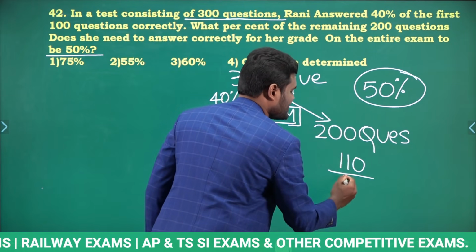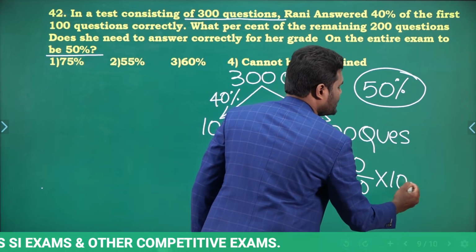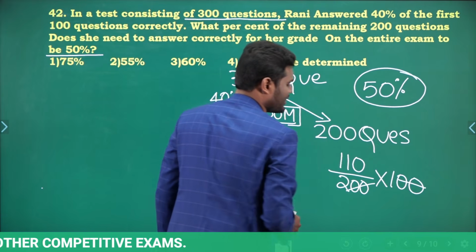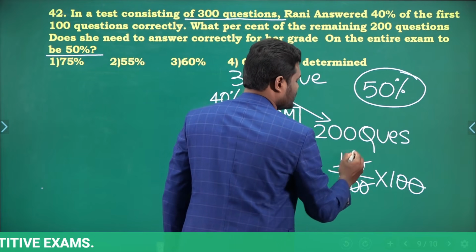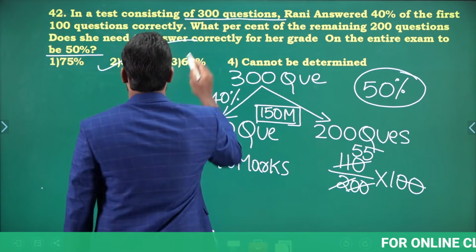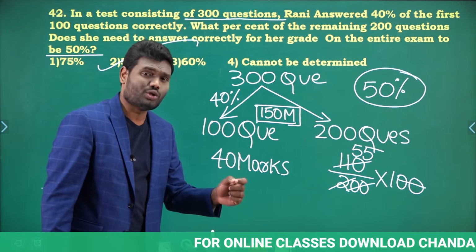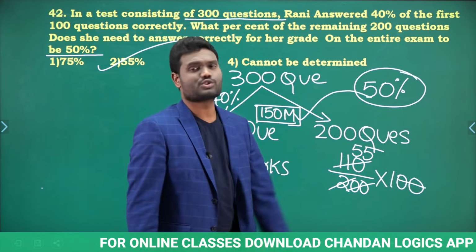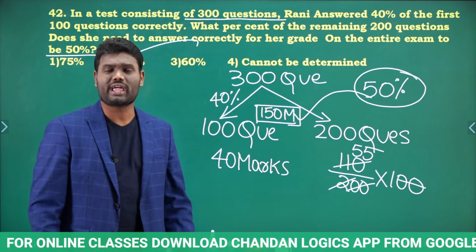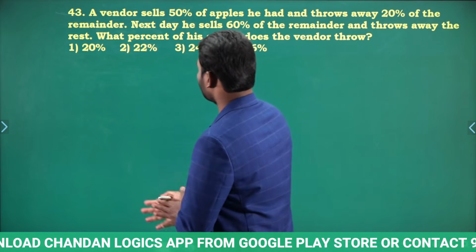But how many questions left out? Only 200 questions left out. So 110/200 into 100. So 00 gets cancelled. 110 cancels into how many times? 55 times. Which means she need to score 55% in the remaining 200 questions so that she is going to get overall score as 50%. Okay, very simple and general question. Let us look at the next one.